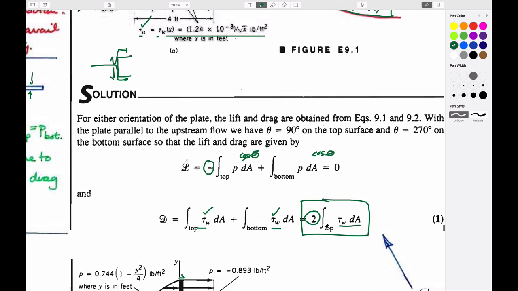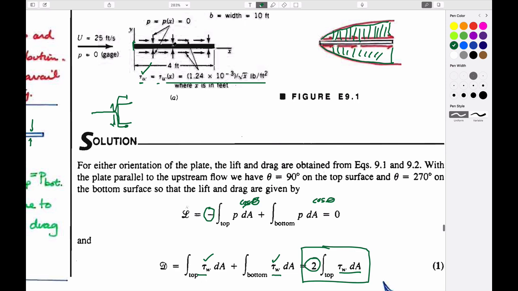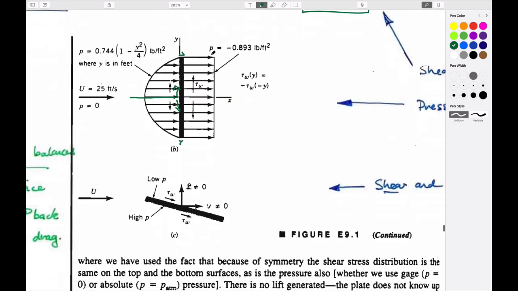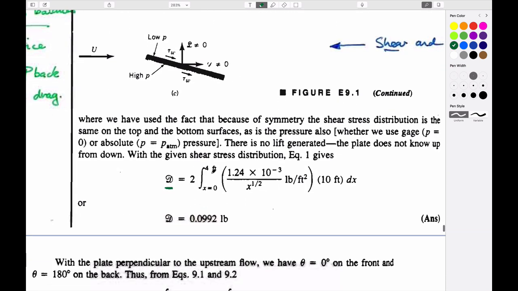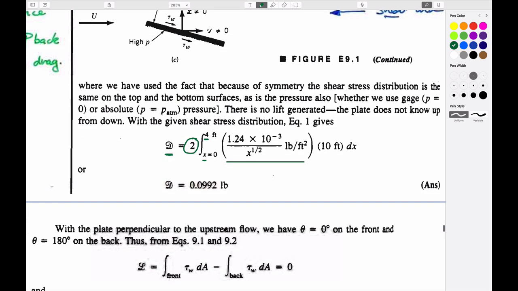The integration is along the length of this between 0 and 4 feet. And so if you do that integration, that's exactly what this is. This is the magnitude of tau. This is the fact that it's top and bottom. This is between the front end of the plate and the back end of the plate. And if you substitute those limits into it, you end up with a drag force, which is some magnitude.